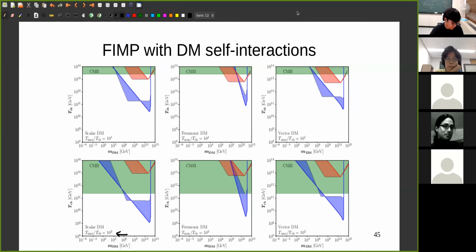The only interaction that is guaranteed is gravity, right? So this has to be there. It's like a nightmare scenario, if you want. At least for particle physics, it's very challenging, let me put it this way, to detect through direct, indirect or colliders.